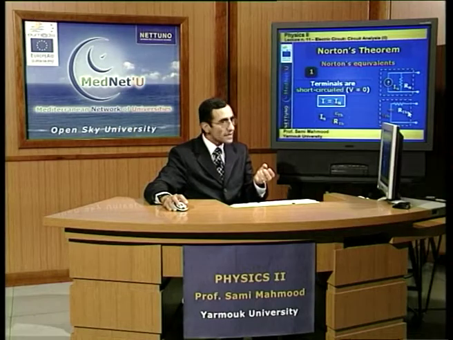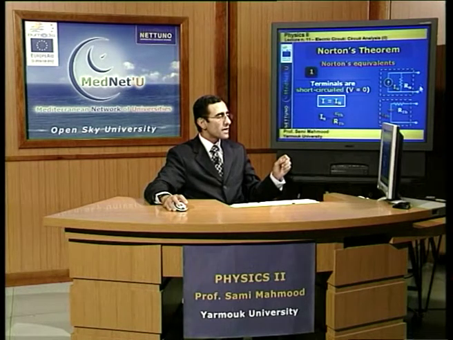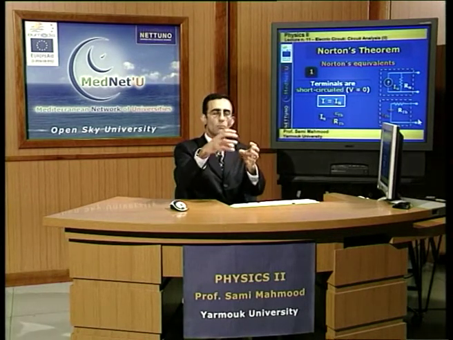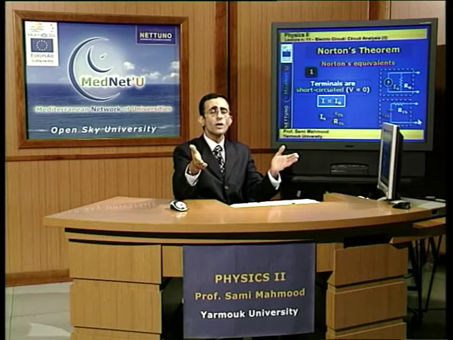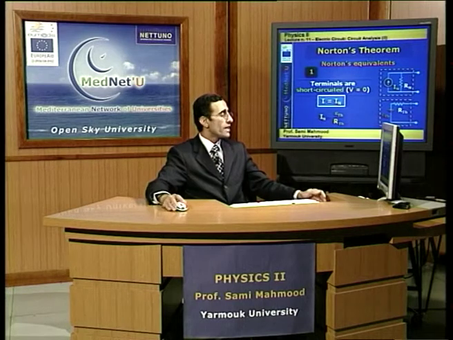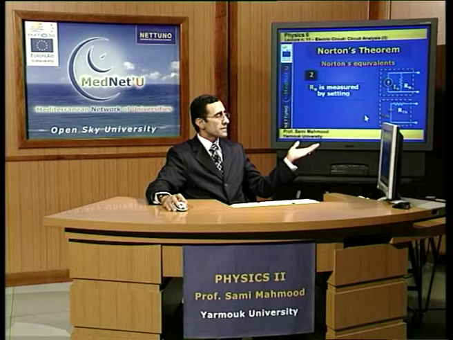And since this circuit and the previous circuit are equivalent, that means this current is exactly the same current we can draw from the box, whether we look at this box as being Norton equivalent or Thevenin's equivalent. That means In is the same as I Thevenin.